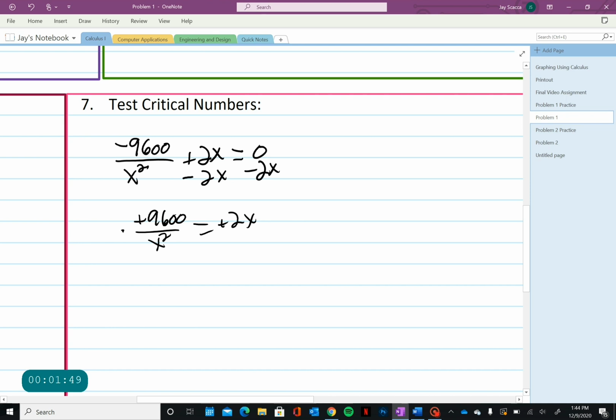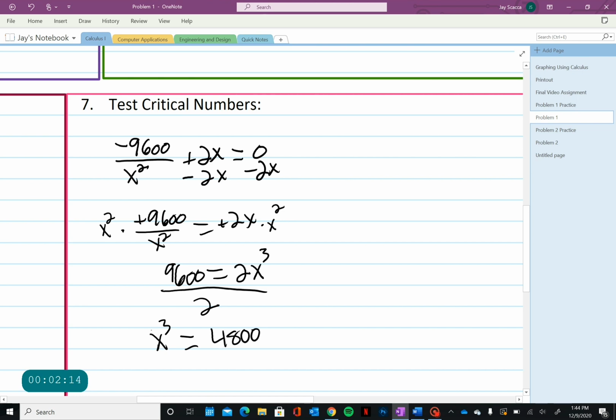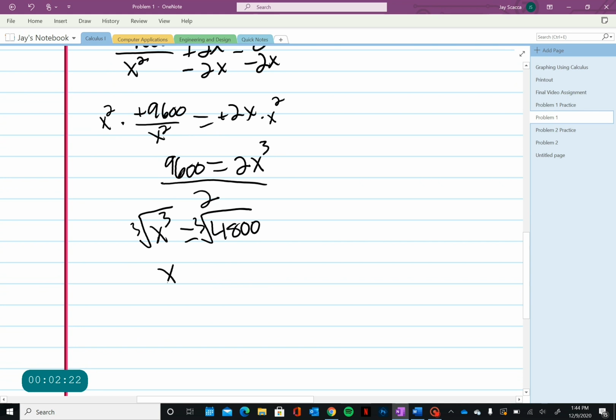And then we multiply both sides by x squared. And then we're left with 9600 is equal to 2 times x cubed. Divide both sides by 2. X cubed is equal to 4800. And then we can cube root both sides. And then we're left with x is equal to 16.87.